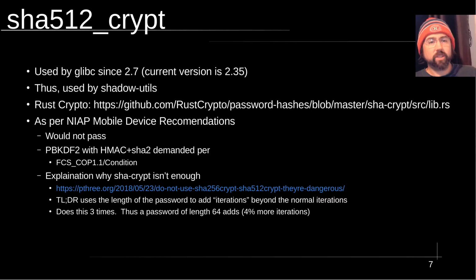Some of the arguments against using SHA512 Crypt are that the length of the password matters towards how many times the underlying hash algorithm is run. So in the case of SHA512 Crypt for the /etc/shadow password file, we have 5,000 iterations per normal.